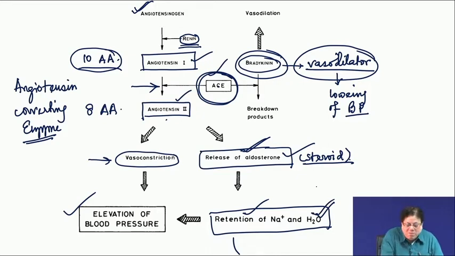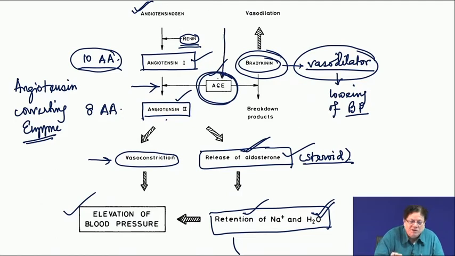So, all these combined together have a disastrous effect on elevation of blood pressure. So, that is the chemistry, the humoral mechanism of how the renin-angiotensin system works. Now, you can say that if I want to have anti-hypertensive drugs, what will be my best bet?